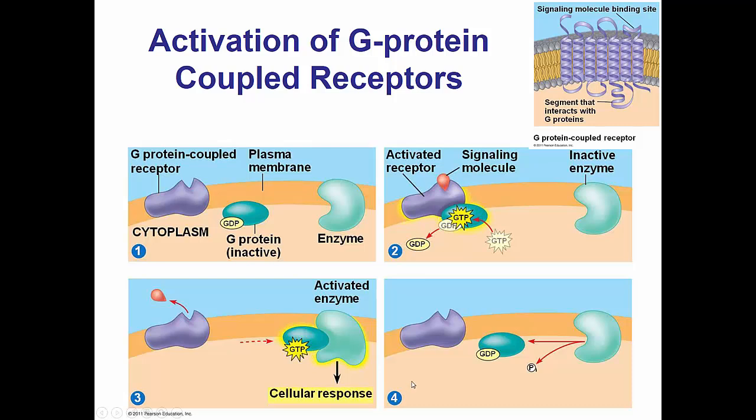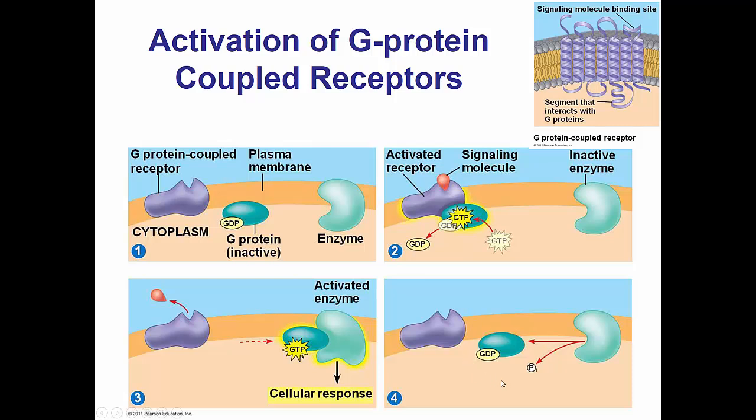So we're going to talk about 2 different pathways that G protein coupled receptors can activate, but in both of these cases, this pattern will be true, that a G protein coupled receptor activates a G protein, which then activates an enzyme to lead to a response.